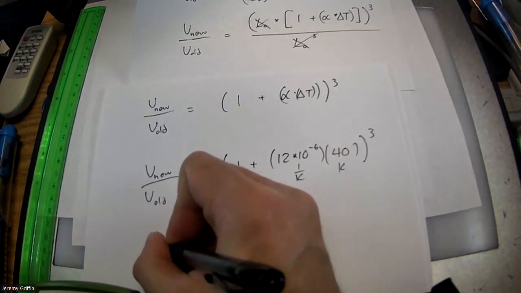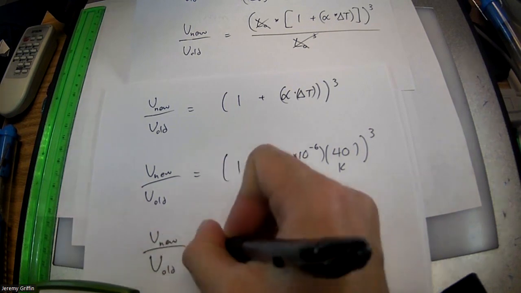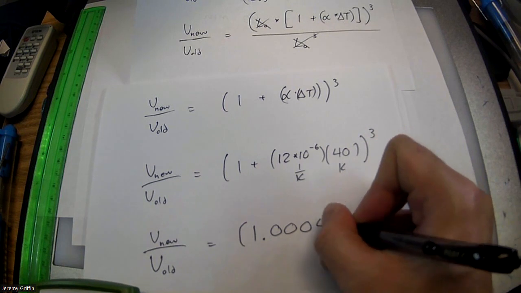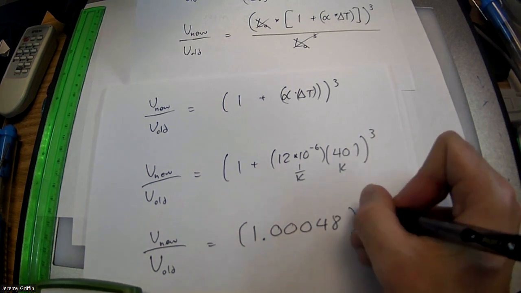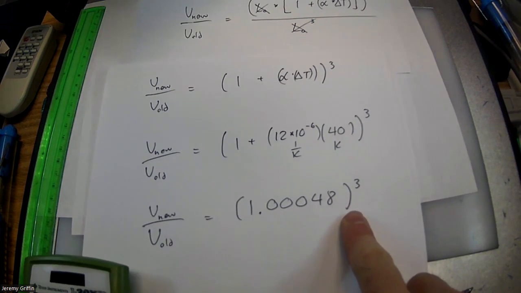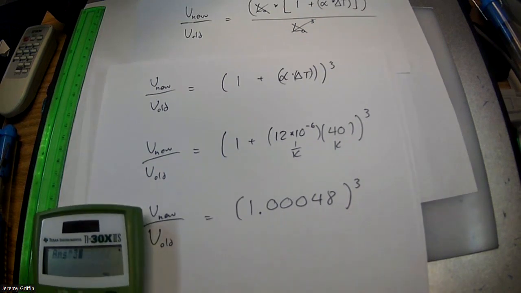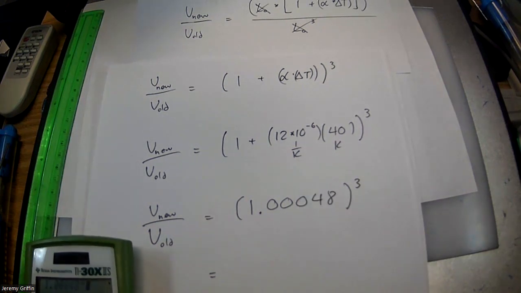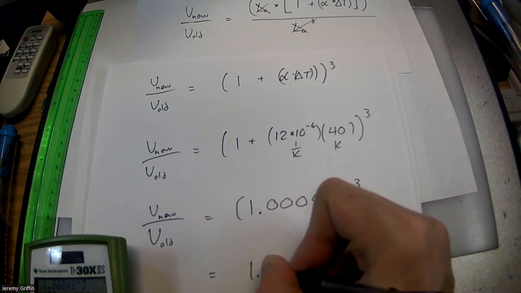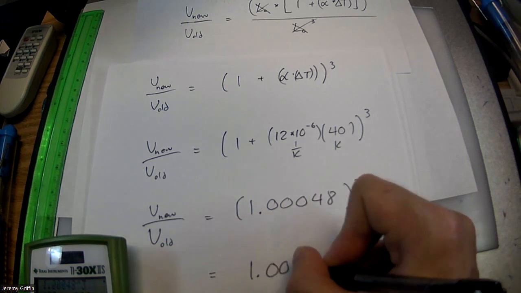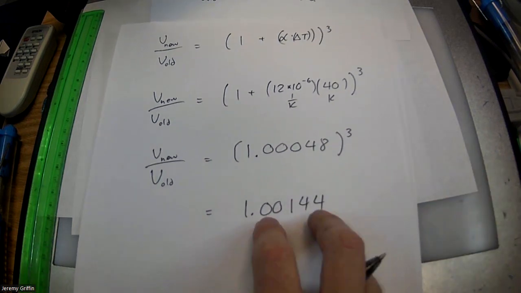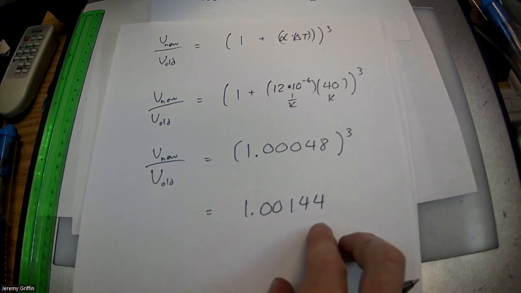This is 1.00048. Then that would be cubed, because 3 dimensions, so that to the power of 3. It comes to 1.00144. If the old volume was exactly 1 cubic meter, the new volume is 1.00144 cubic meters.